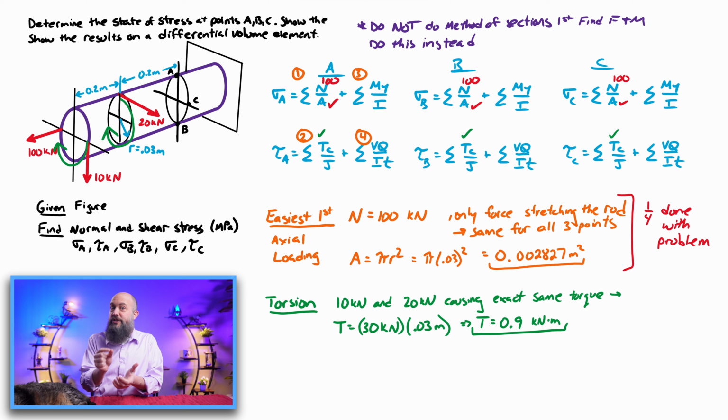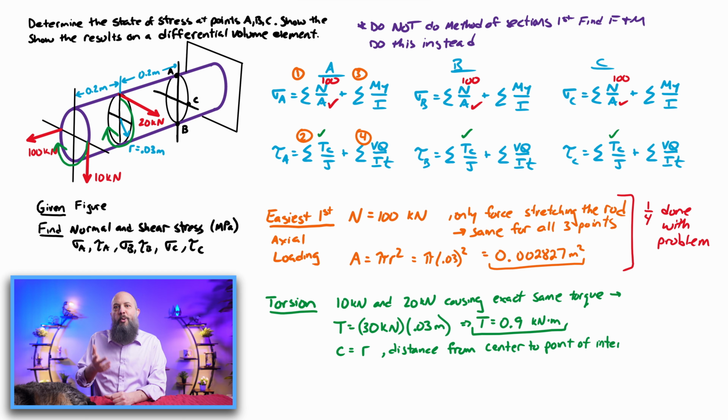Because torsion is 0 right at the center. The further away you get from the center, the more torsion you feel. So in our case, all 3 of these are just the radius away. So C is just going to be 0.03 meters for all 3, A, B, and C.